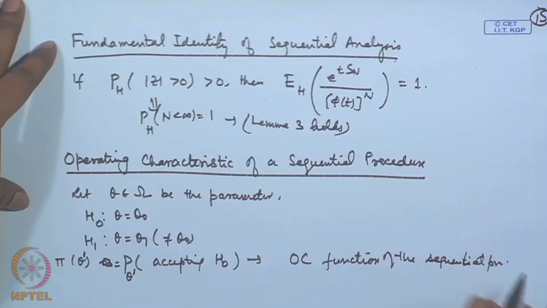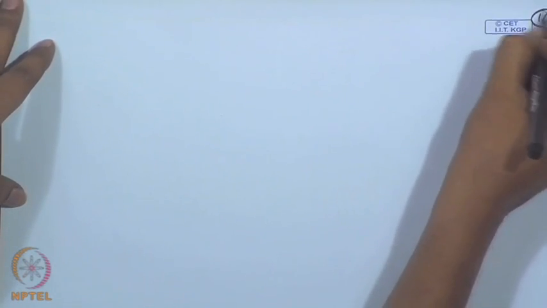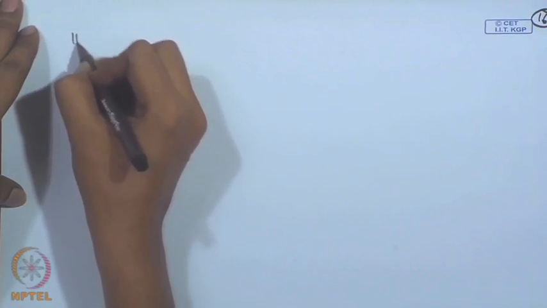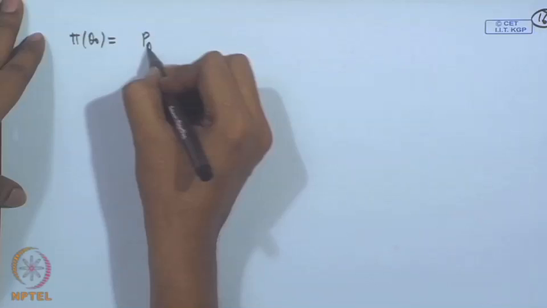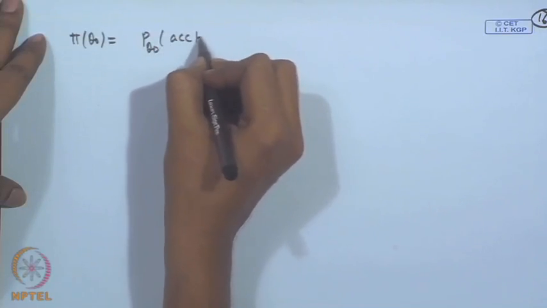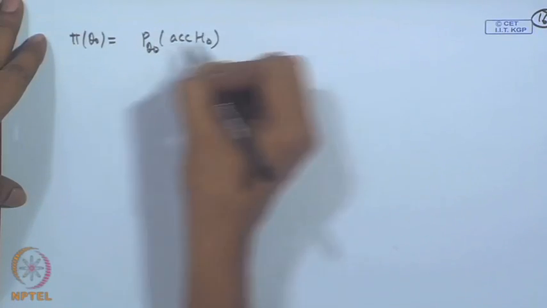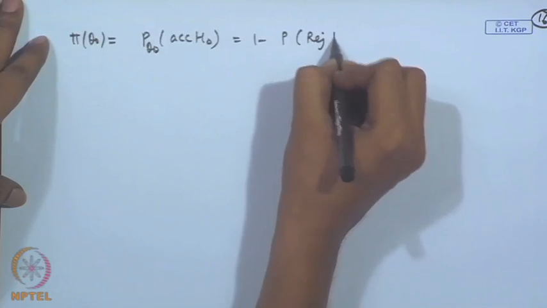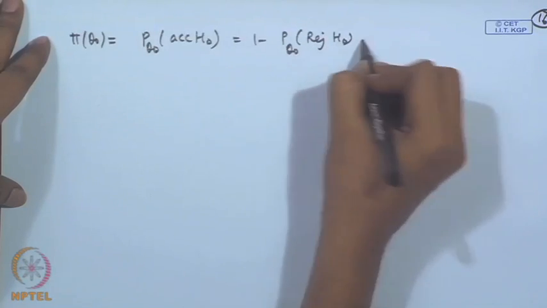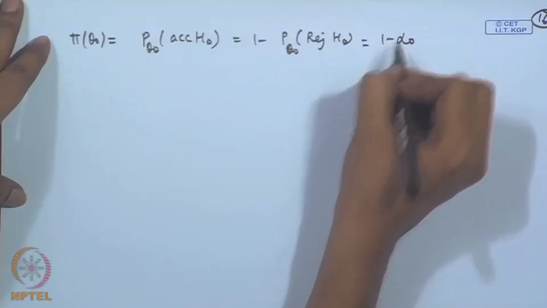Actually, you can see that if I consider pi theta naught, it is the probability of accepting H naught under theta naught, that is equal to 1 minus probability of rejecting H naught under theta naught, that is equal to 1 minus alpha naught.